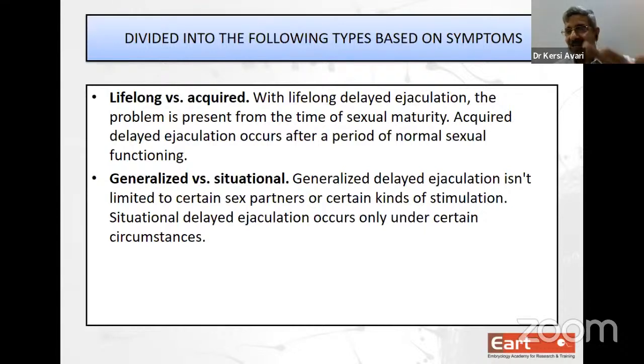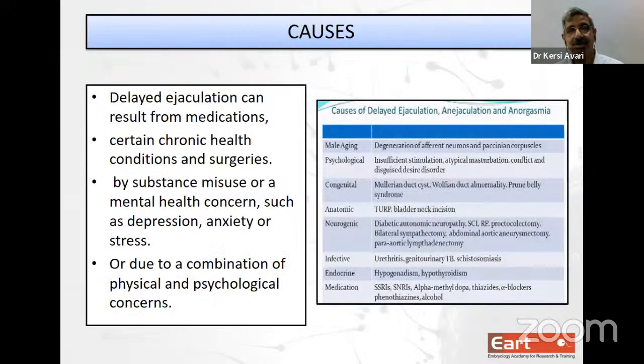Or maybe again, a couple, but the situation is different. Maybe a gentleman has lost his job. He had a nasty day at the office. He keeps on thinking the same thing over and over. So this can also prevent it. Causes, aging, psychological, as I told you, there are congenital, anatomical, neurogenic.